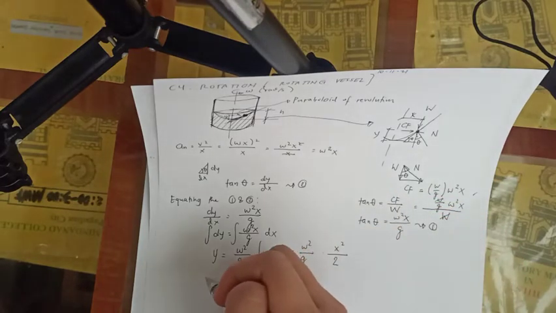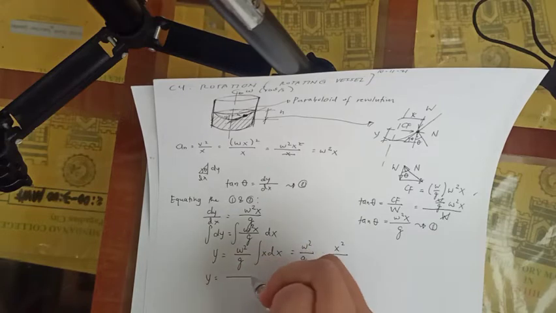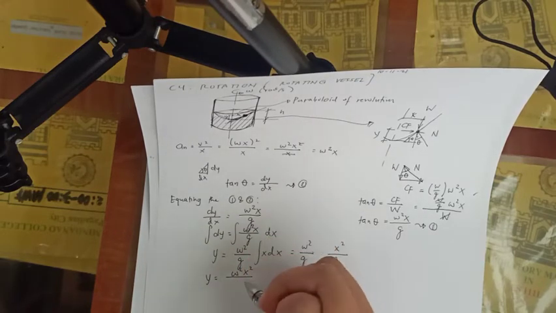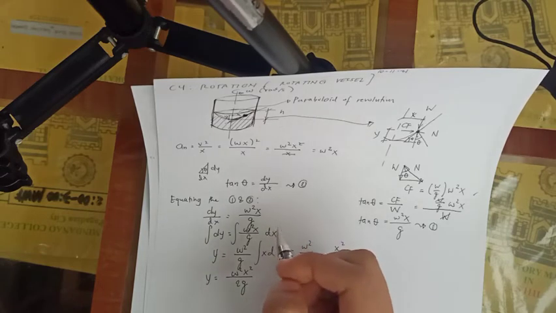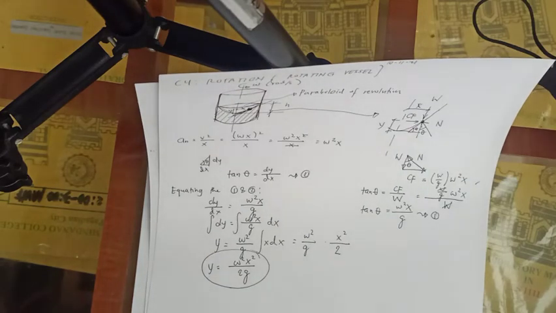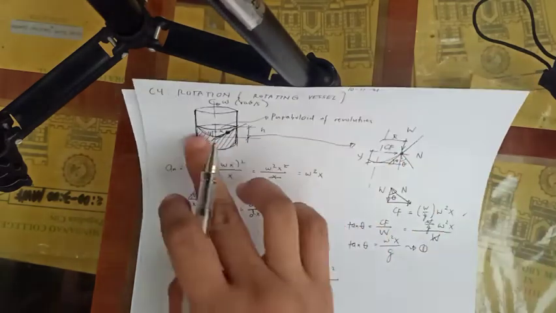Or simply, our y is omega squared x squared over 2g. So this is the formula that we have extracted from the illustration that we have assumed.